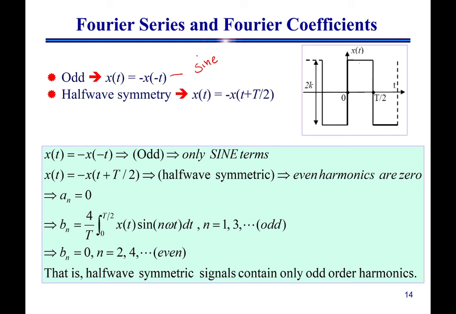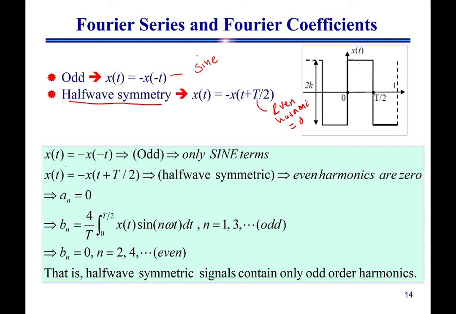But also at the same time, since x of t is equal to minus x of t plus T over 2, then it is also half wave symmetry. And in half wave symmetry, we know that the even harmonics are 0.